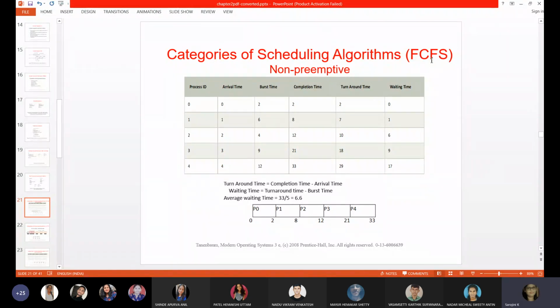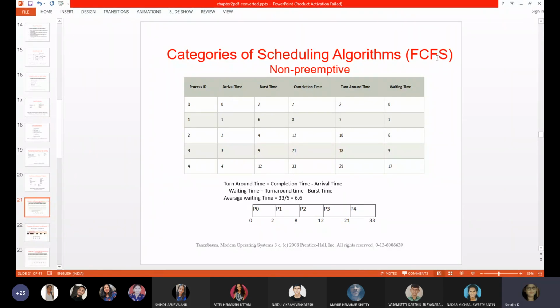In this algorithm, the process is selected from the ready queue based on its arrival time. Based on process arrival time, the scheduler will select the process from the ready queue to use the CPU.